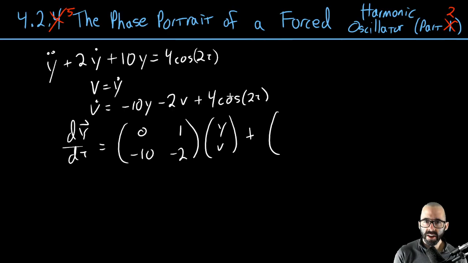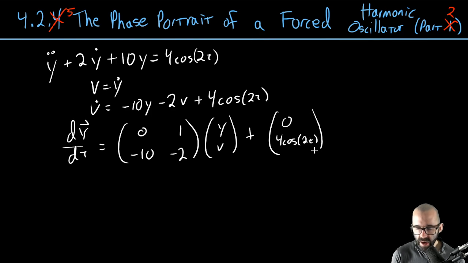This is just something that only depends on the independent variable. And notice that y dot doesn't depend on this at all. It's only y double dot that does. So we'll have 4 cosine of 2t, like so. This is how we would write this as a non-homogeneous system of first order differential equations.